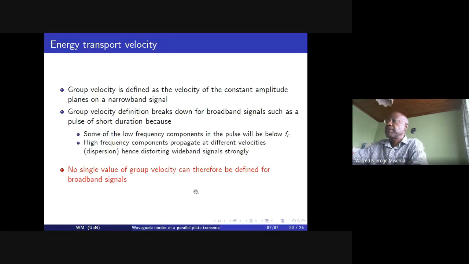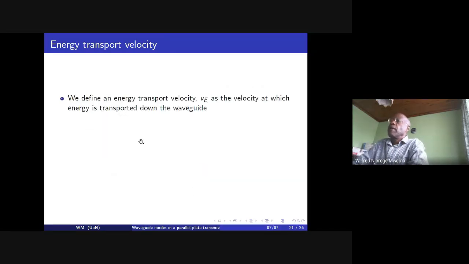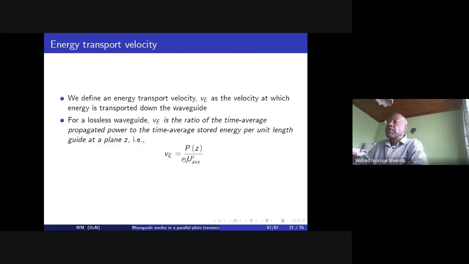So we define an energy transport velocity, VE, as the velocity at which energy is transported down the waveguide. For a lossless waveguide, the energy transport velocity VE is the ratio of the time average propagated power to the time average stored energy per unit length of the guide at a plane z.